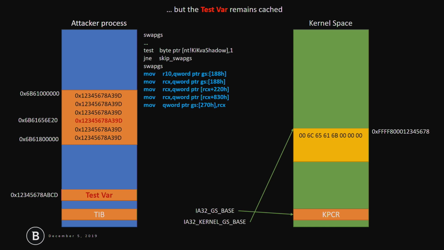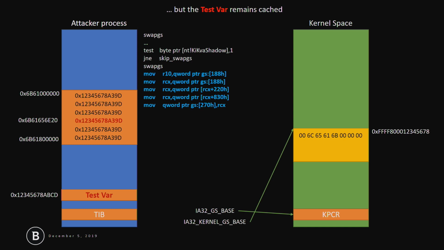And the reason why we use the test variable, which can be small in size, is because it's way easier to see whether one variable got cached instead of checking an entire 8 megabytes chunk of memory and seeing which line got cached, right? Because by the time you would iterate through the entire 8 megabytes chunk, you could potentially evict the line that got cached when the gadget executed speculatively.